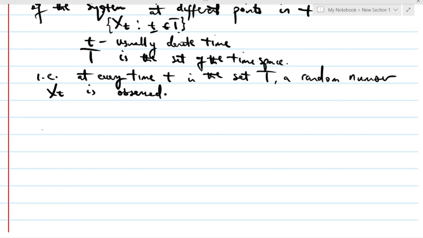In a stochastic process we have the state space.